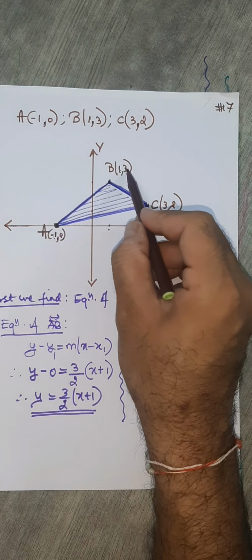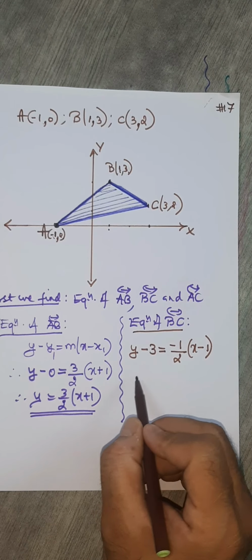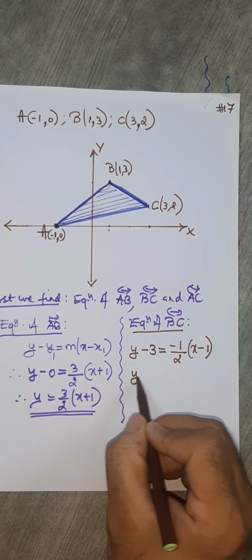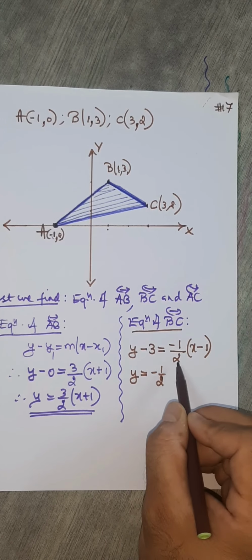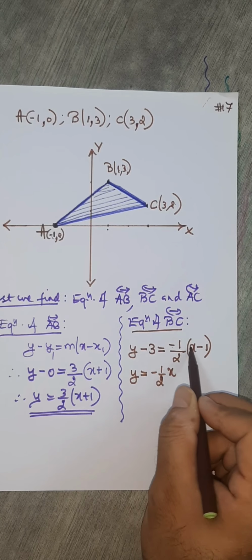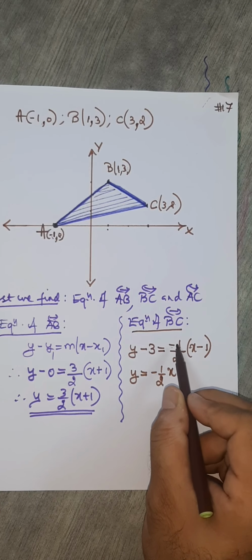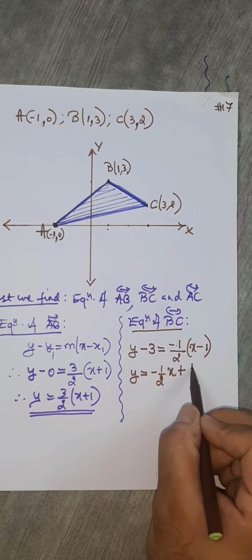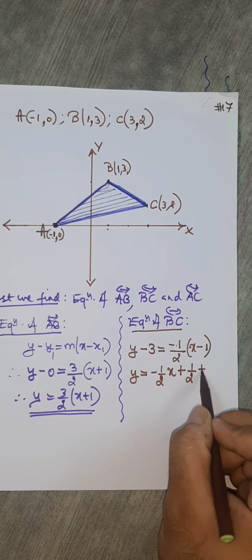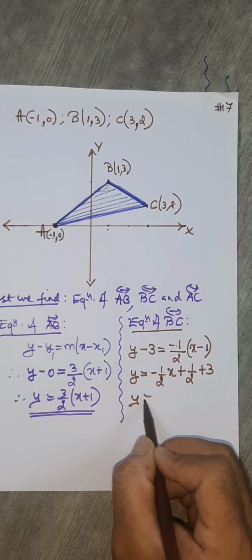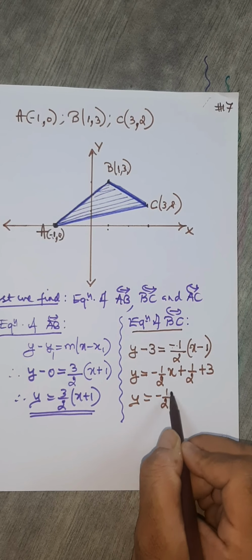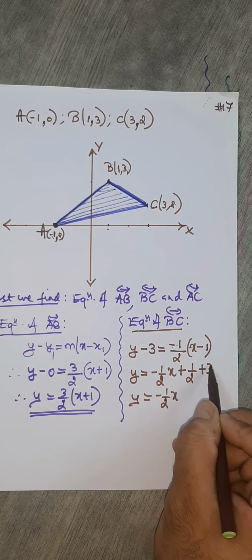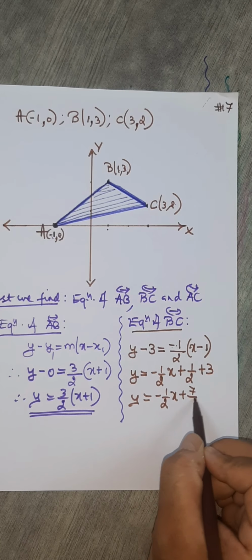Remember, this is my x1 y1, this is my x2 y2. So here what is y? Y equals minus 1 by 2 x plus 1 by 2 plus 3. So y will be, you remember you need y only, y equals minus 1 by 2 x. What about this? 6 plus 1, that's 7 by 2.